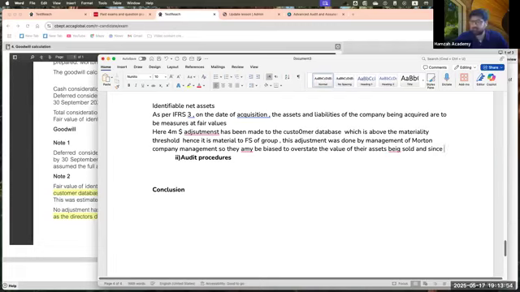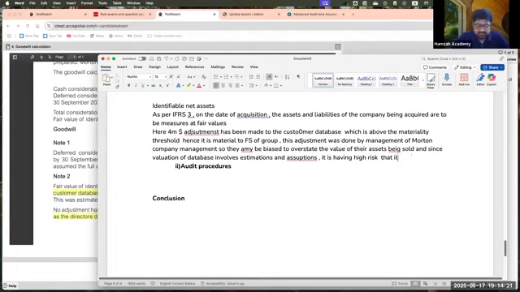And since valuation of the database involves estimation and assumptions, it is highly likely that it has a high risk of being overstated in financial statements.